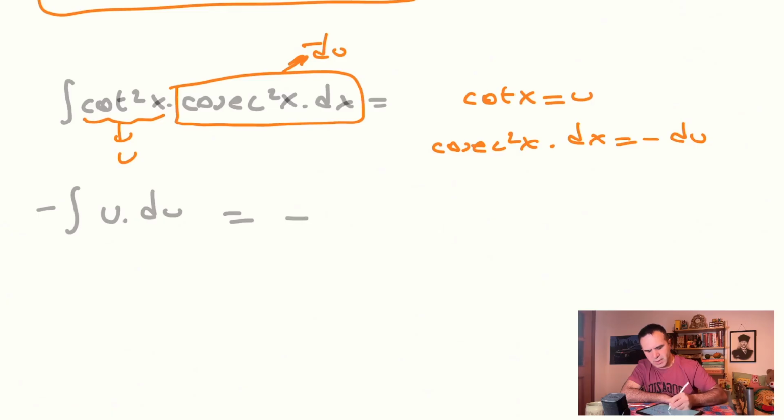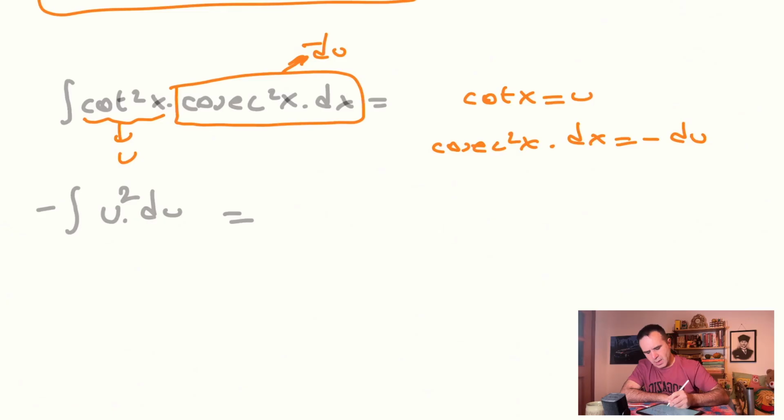Since we have u to the power 1, we add 1 to the exponent, and this becomes 2, and divide by the new exponent. And the integral is minus 1 over 2 times u square.